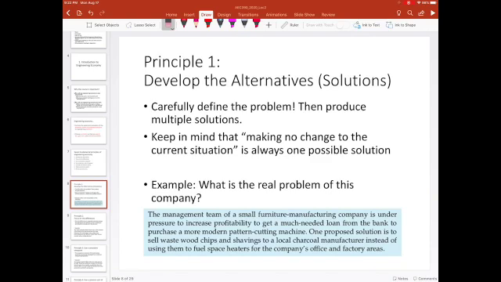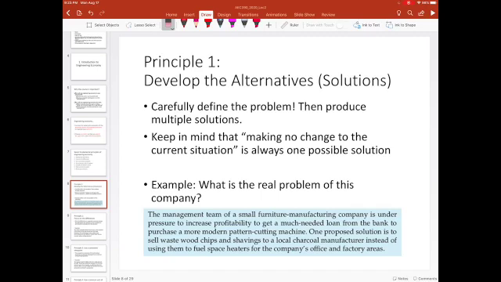So principle 1, develop the alternatives. It sounds very easy, but sometimes it can be complicated. What this principle is about is that you have to carefully define the problem first.